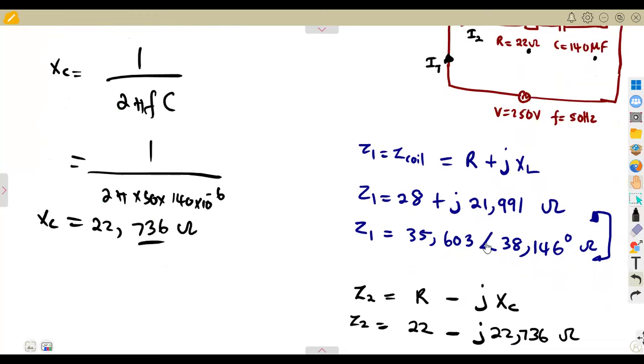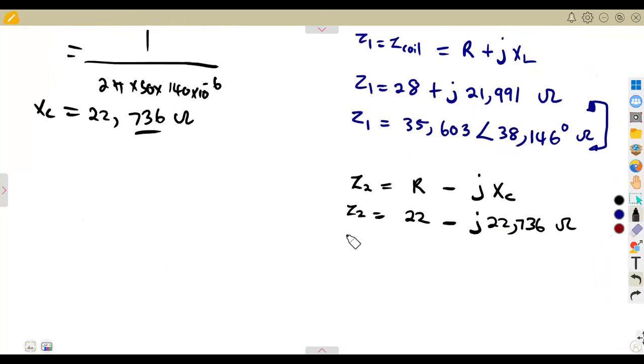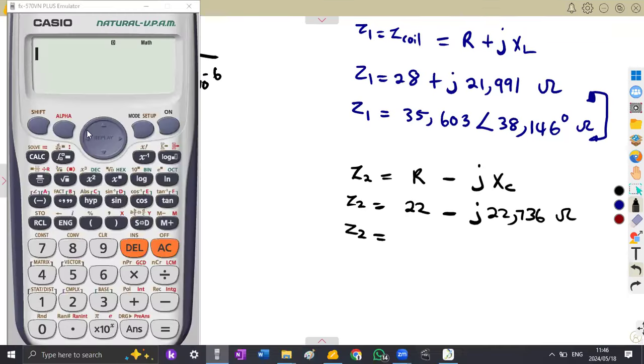In rectangular form, again, convert to polar form using your calculator. If you check, there was actually a mistake. If you consider your memo, I want you to see this, because it is supposed to be to polar form. So that is 22, then you separate this with a minus 22.736 like this.